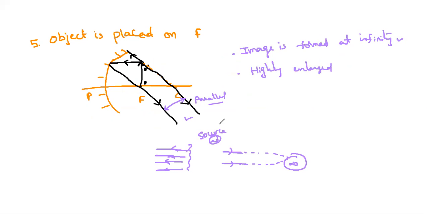Because let us say this is the infinite point. If you draw the image, this much of enlargement will be there. So that's why I consider the image to be highly enlarged. I hope you understand why I considered these two points. And since it is formed in front of the mirror, it is real and inverted.